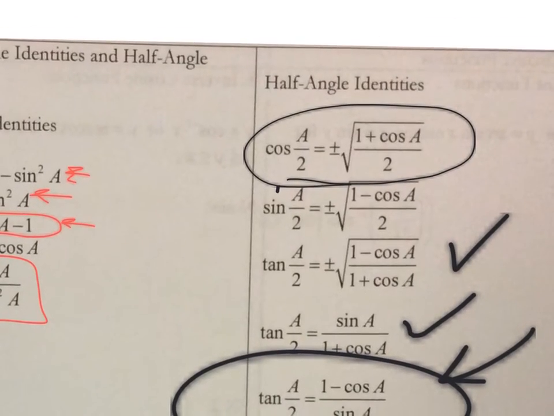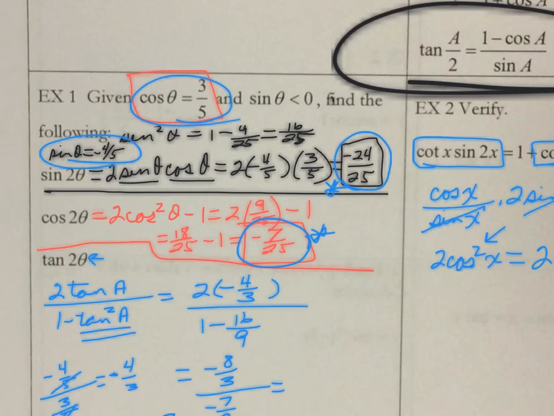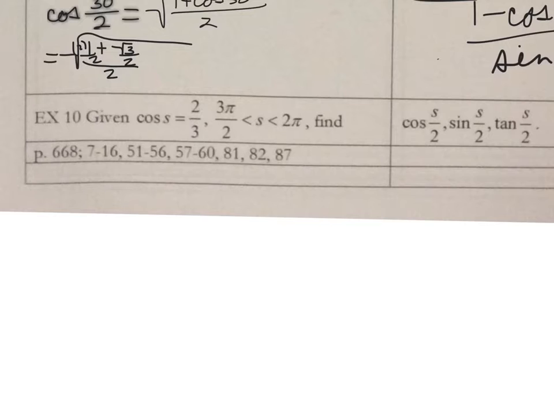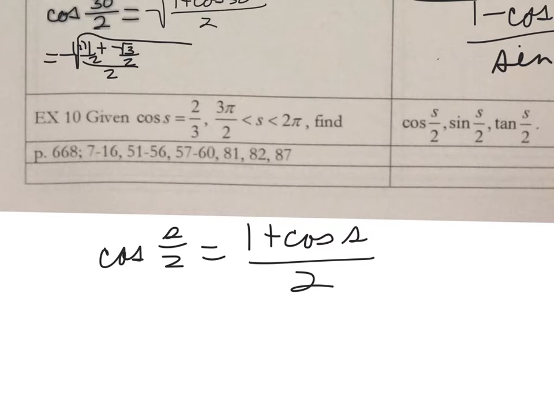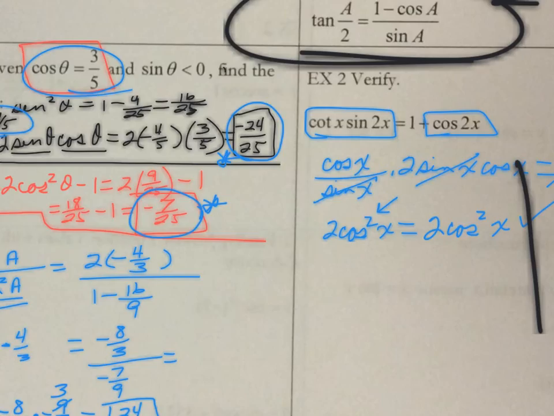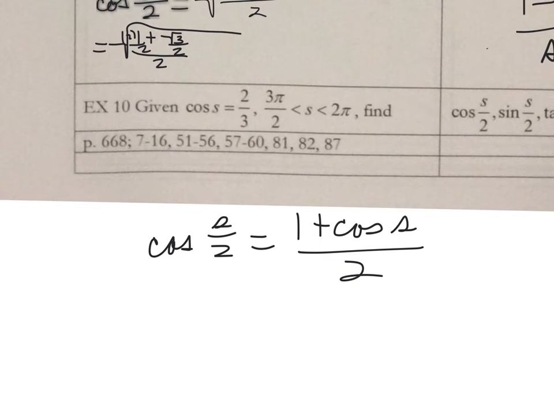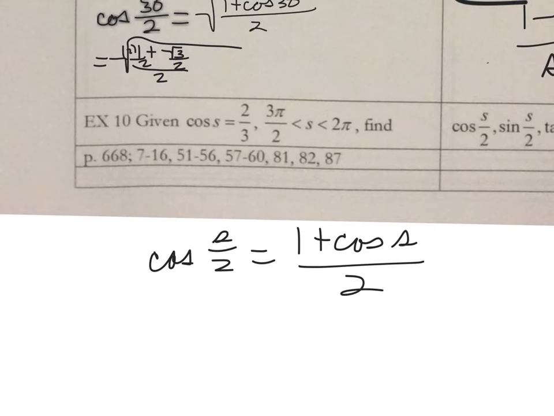To do that, I'm going to need the formula with 1 plus cosine s over 2. Okay, so cosine of s over 2 is equal to 1 plus cosine s all over 2, and I failed to get the square root, didn't I? Yep. And it's going to be either plus or minus, we don't know yet.